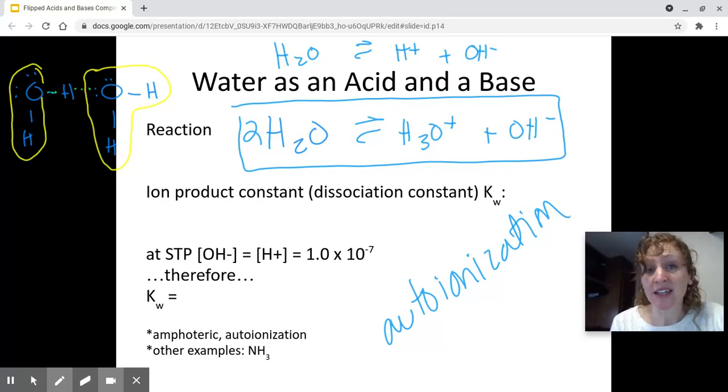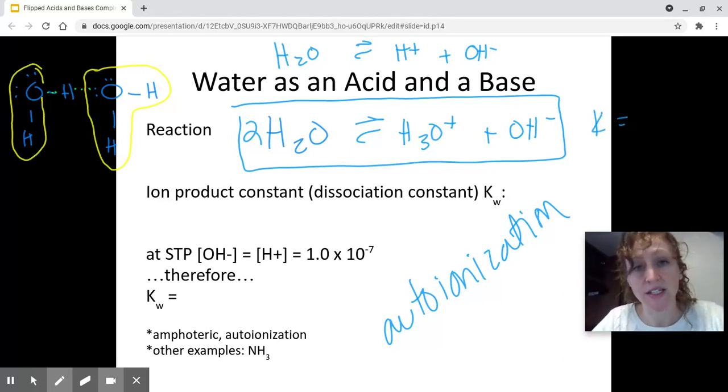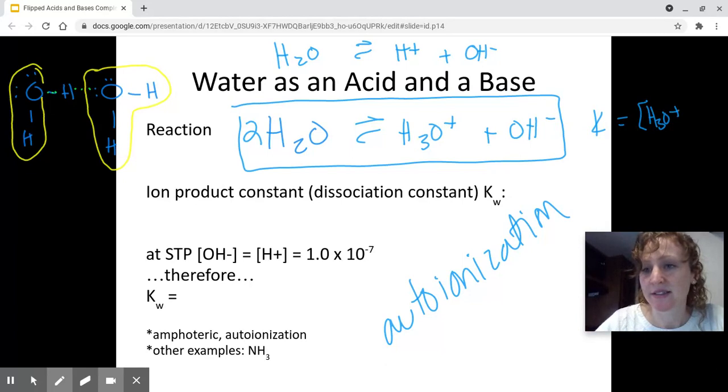So we can write the K for this reaction. If we were to write the K for this reaction, what would it look like? This would be a good time to pause your video, try and write out the K. Now the catch here is you want to only include things that are aqueous or gases, and you don't want to include liquids and solids.